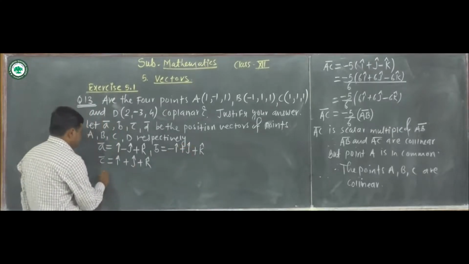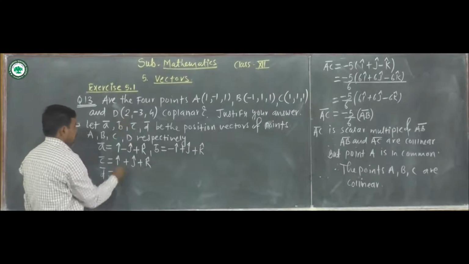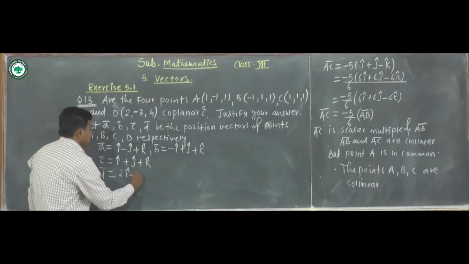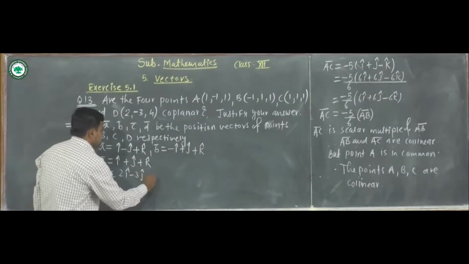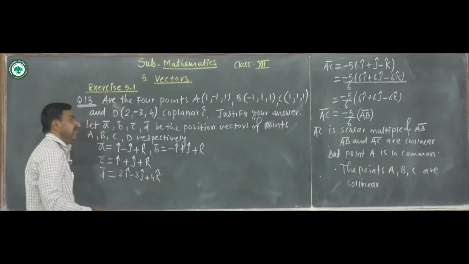And d bar is equal to 2i cap minus 3j cap plus 4k cap.